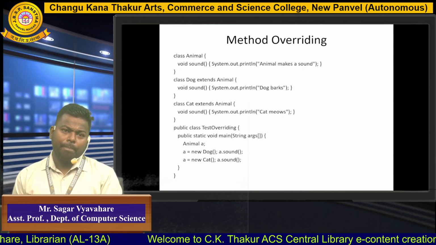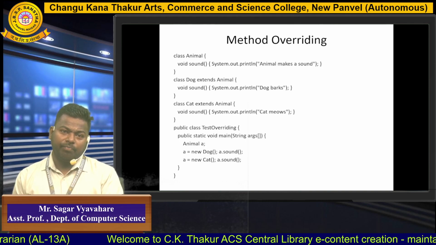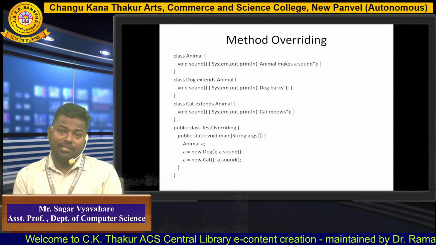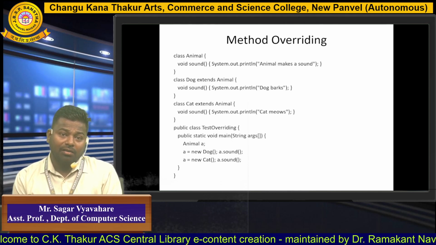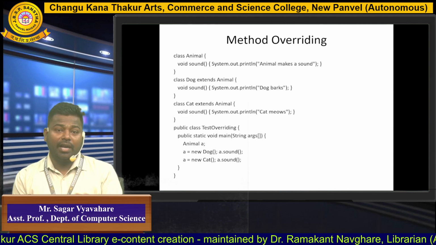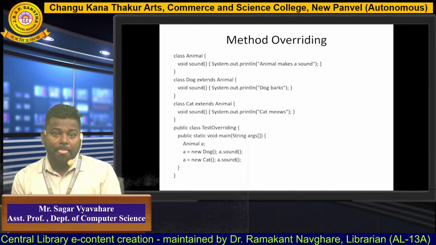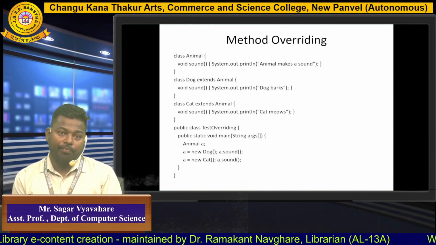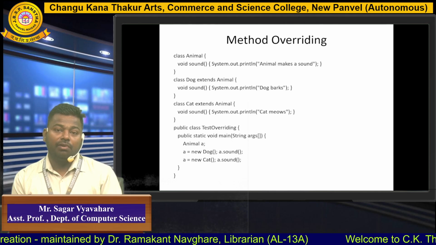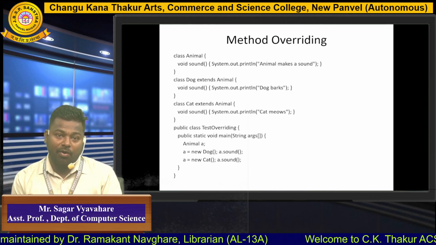Method overriding: you can see there is a class Animal, which is extended by class Dog. Then there is another class, Cat, which again extends Animal, and the last class is TestOverloading. The Animal class has a method sound, which will print the message Animal makes sound.